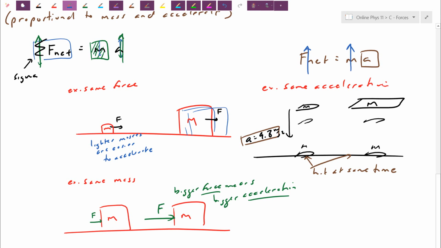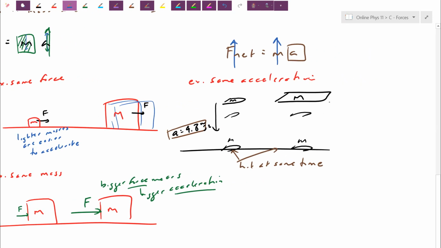There's more of a hit when the mass is large. So you can make a note here. Although they do hit at the same time, the heavier mass will supply more force. There's going to be more of a push from that heavier mass.